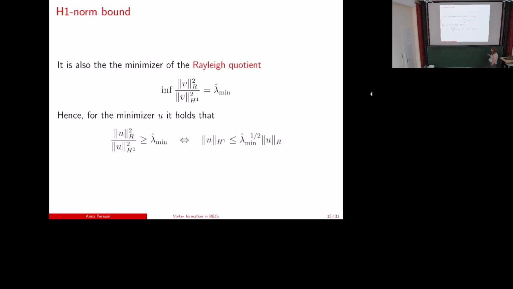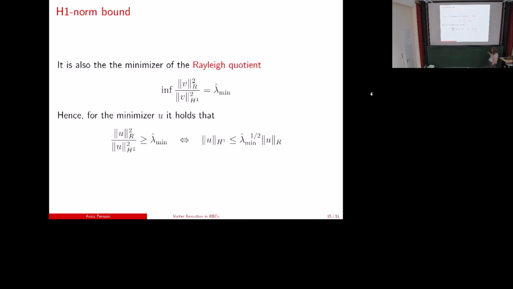So if this is true, then you can plug in your ground state. I also call it the minimizer. It's the minimizer of the energy function, not the Rayleigh quotient. So this is my ground state. I plug it in, and I know that it's greater than or equal to this minimal eigenvalue at least.